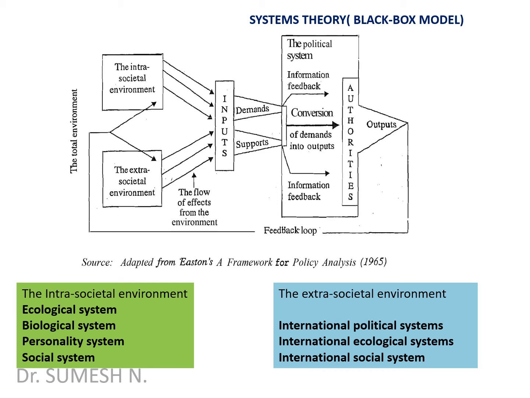All these single systems are considered the intra-societal environment. So in the environment, we can see ecological system, biological system, personality system, social system, etc. That is the left top portion, the intra-societal environment.